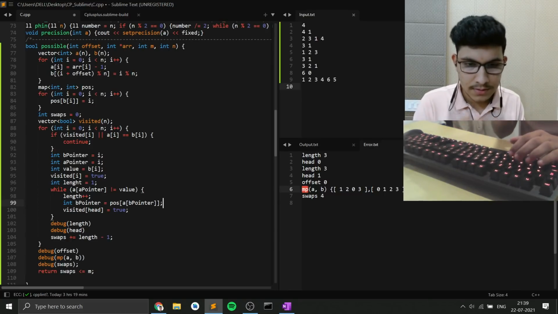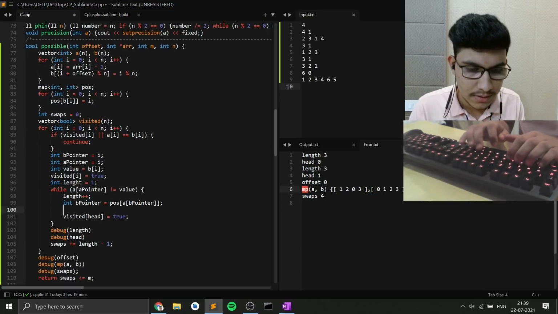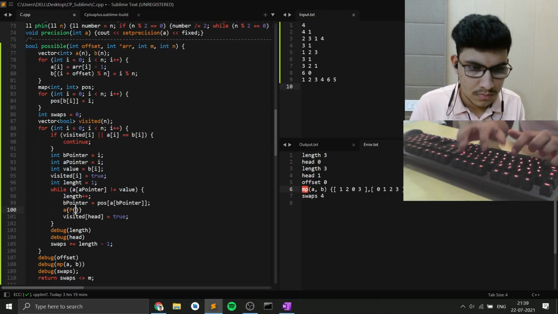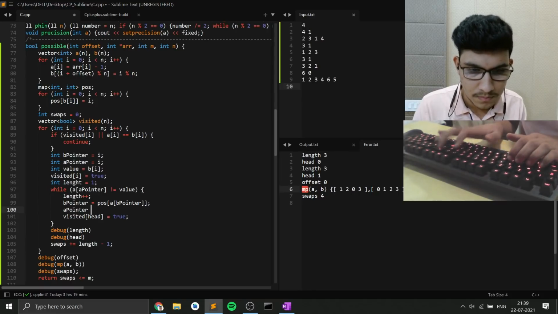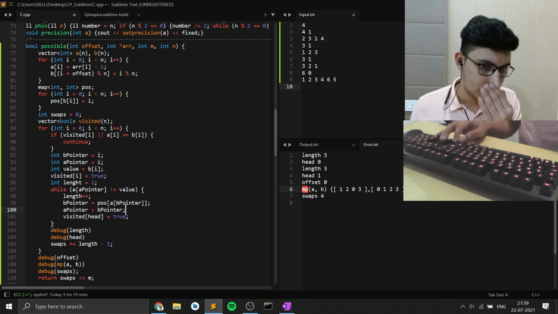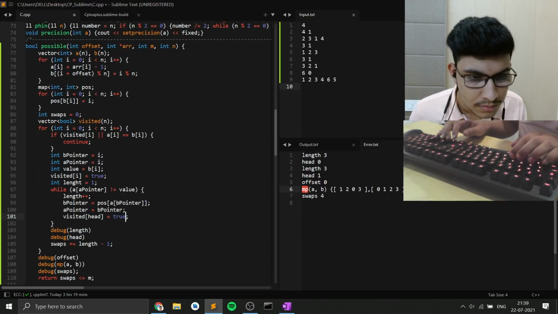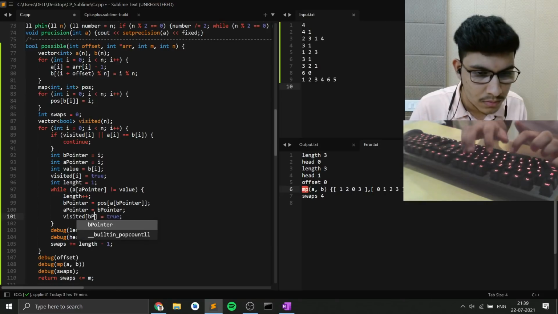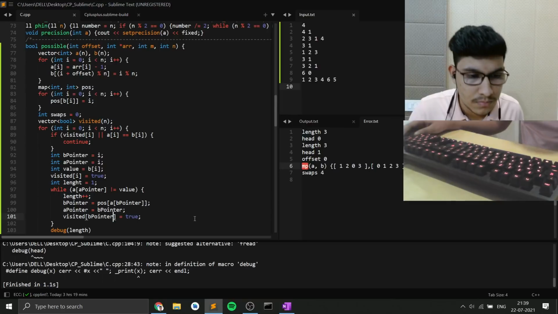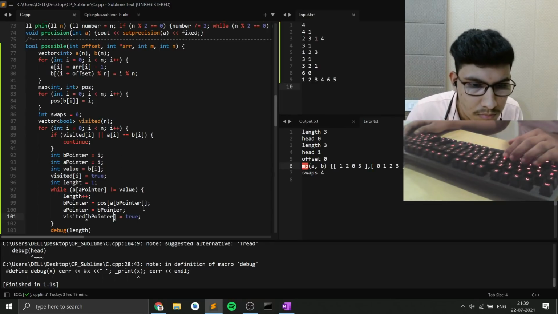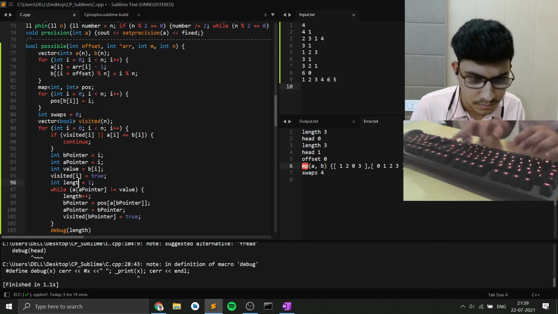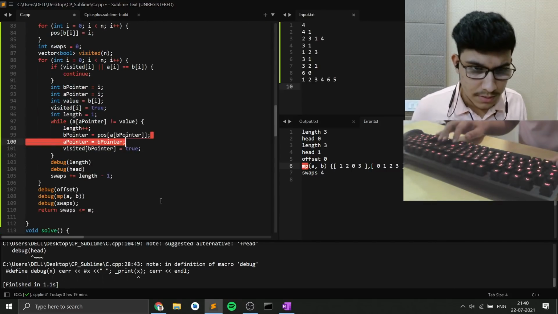Right, so this is the B pointer. Okay, debug head, we don't need it.